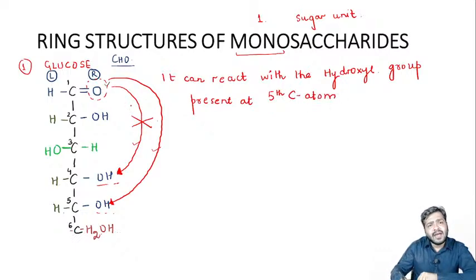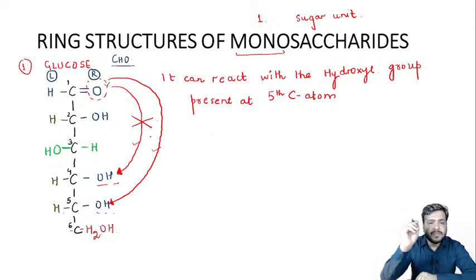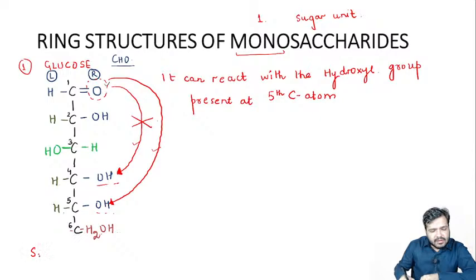It can react at other OH groups also, but in the majority of cases you will see the oxygen reacting with the fifth carbon atom, and that is how a mediated structure is formed. So you already know that this is the straight chain of glucose.